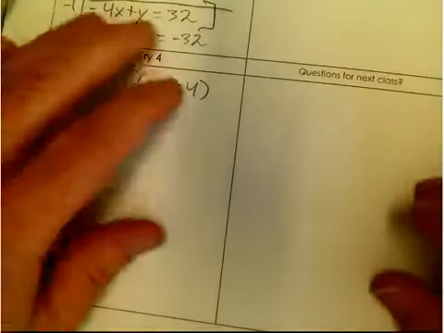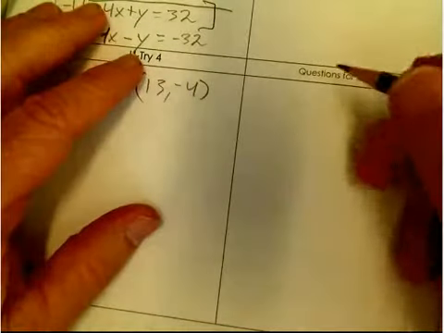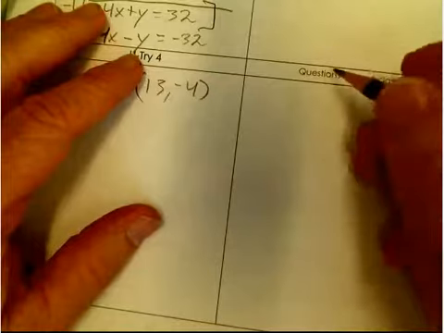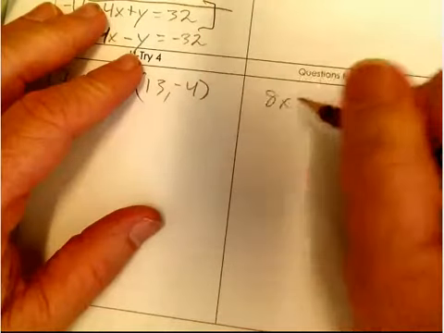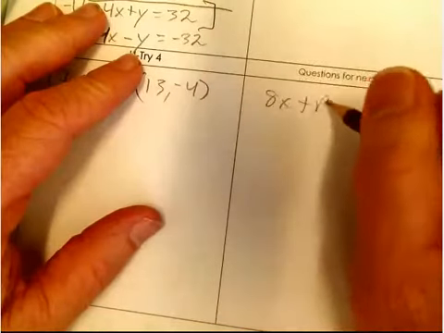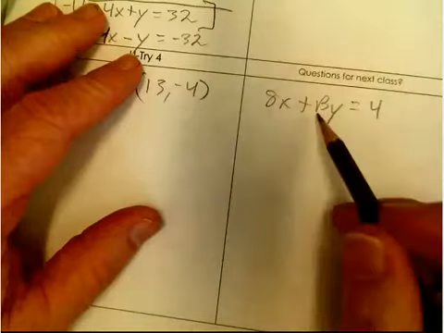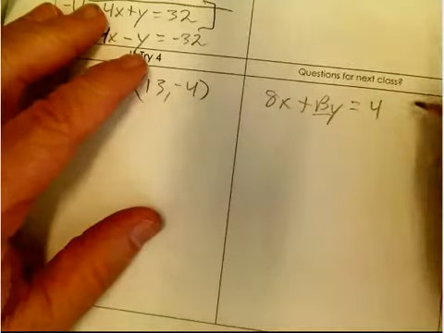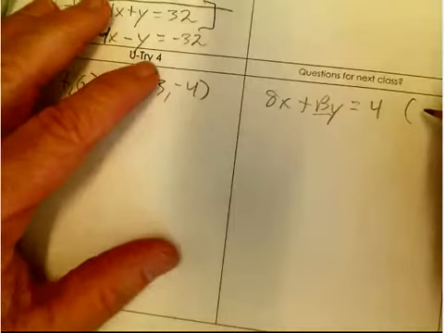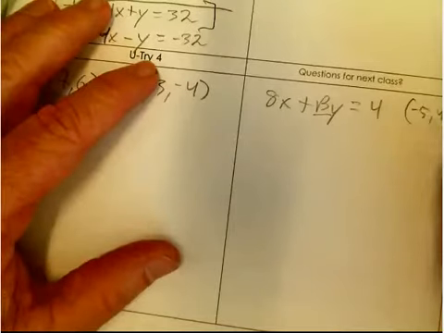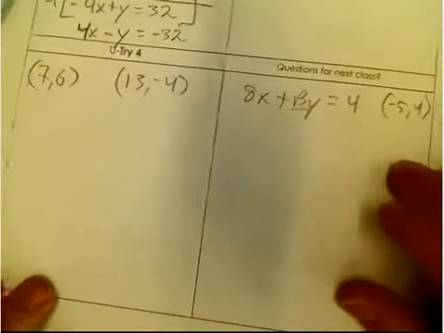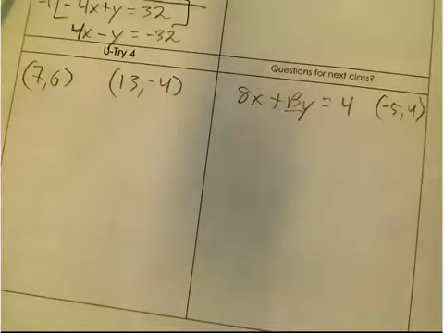All right, this is called finding the missing coefficient. Let's say we have the standard form equation of 8x plus by equals 4. Notice that we don't know what b is, but we do know that this line goes to the point -5, 4. Can we figure out what b is?